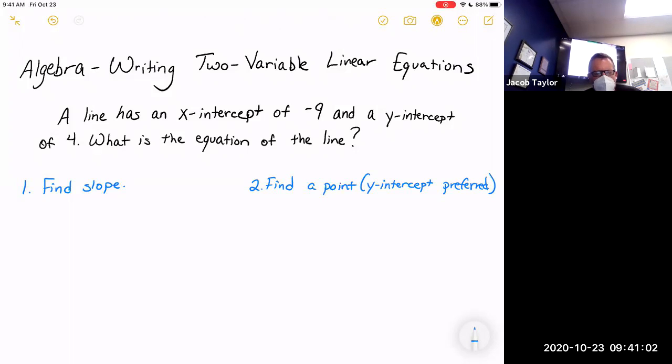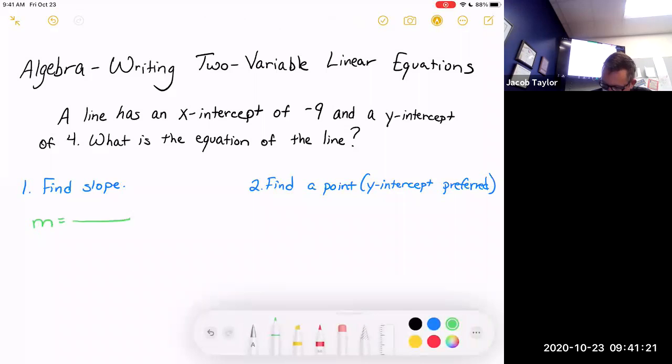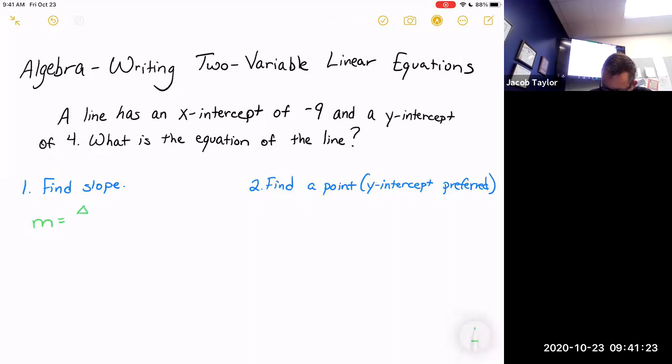Okay, so how do I find slope? Slope is m. M equals the change in y over the change in x. If I had a graph, I could count rise over run.